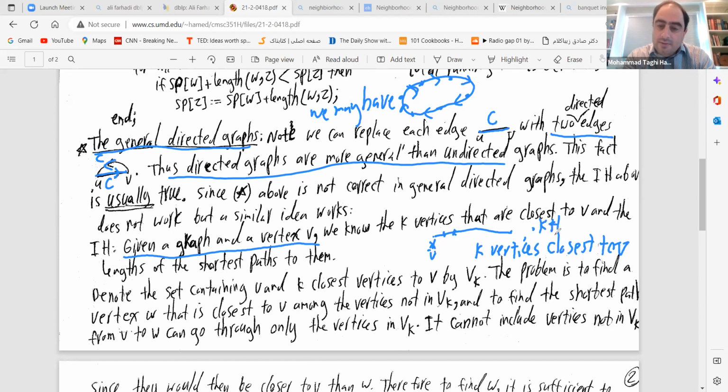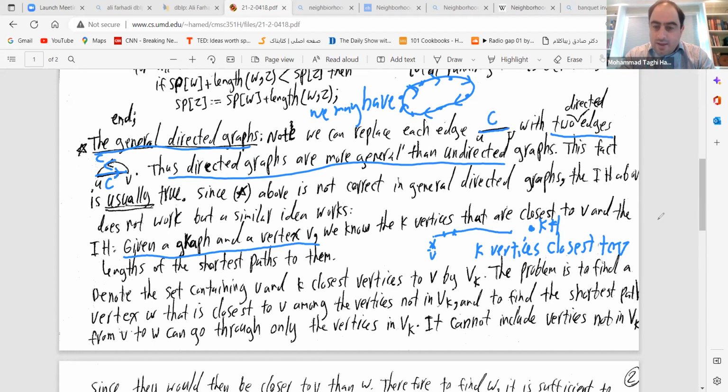So assuming that we know the k vertices which are closest to v and the length of the shortest path to them, we want to show that the induction hypothesis is also correct for k plus 1. This is an algorithm designed by induction, which we have seen a lot: for the next vertex, k plus 1, we can also find such a vertex and the shortest path. Good. So that's the assumption.